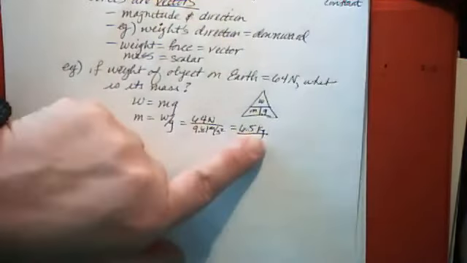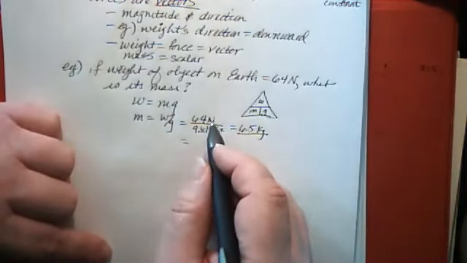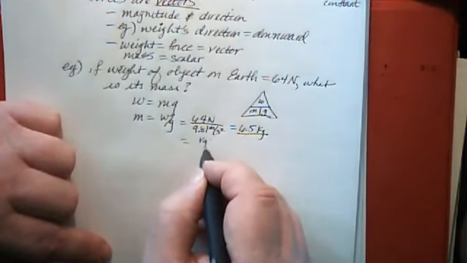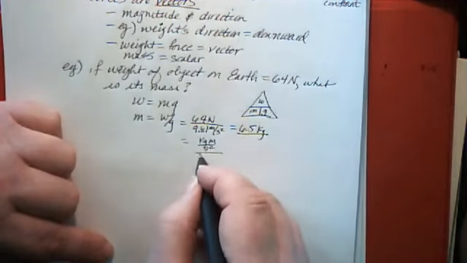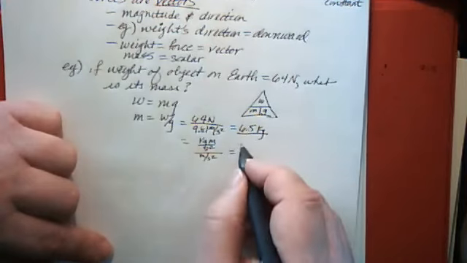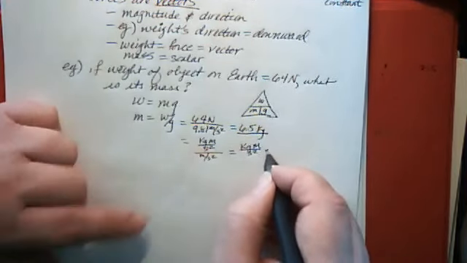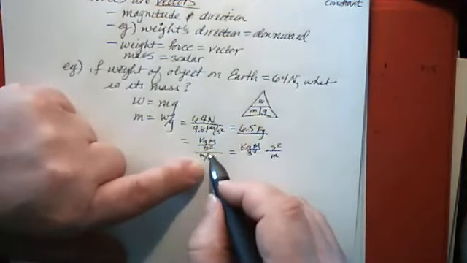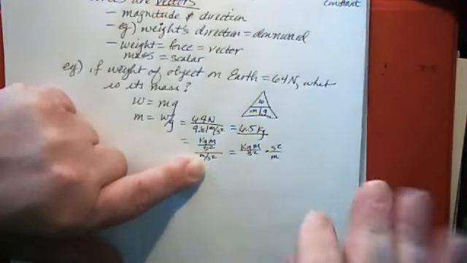Now you might wonder how you get kilograms out of these units here, and that's because, remember, newtons is actually kilogram meters per second squared, and that will be over meters per second squared. That's equivalent to kilogram meters per second squared times seconds squared over meters. So instead of dividing by meters per second squared, we're multiplying by the reciprocal.